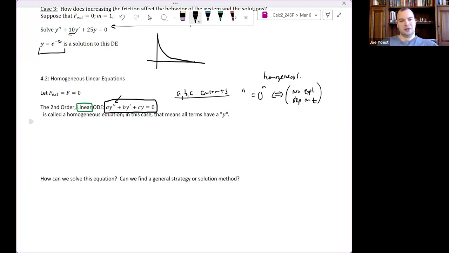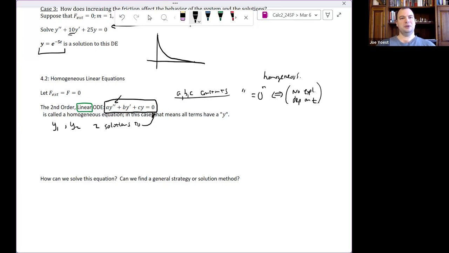Let me consider a case where I have two solutions to this equation. Maybe one of the solutions is like y equals cosine of t, and the other one is like y equals sine of t.